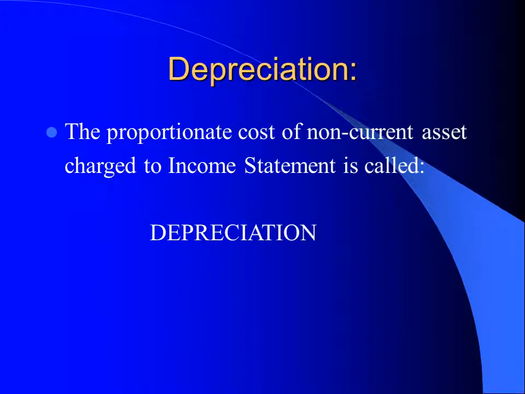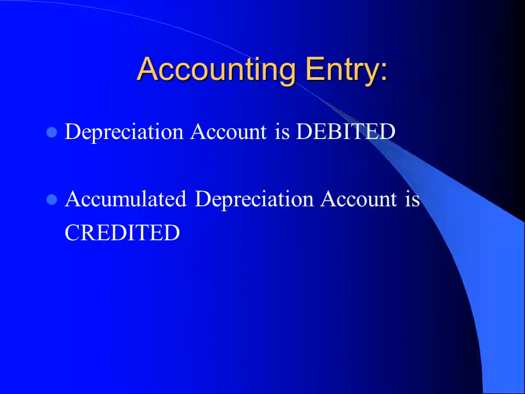So what is depreciation? Depreciation is the proportionate cost of a non-current asset that is charged to the income statement. So the accounting entry is a debit to depreciation account and a credit to accumulated depreciation account.